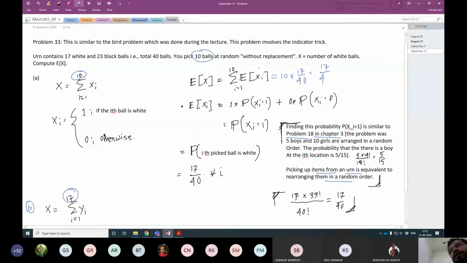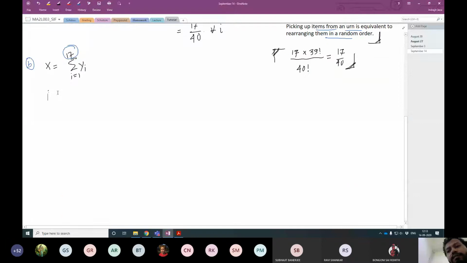First of all, you mark all the 17 white balls by numbers, 1 up to 17.